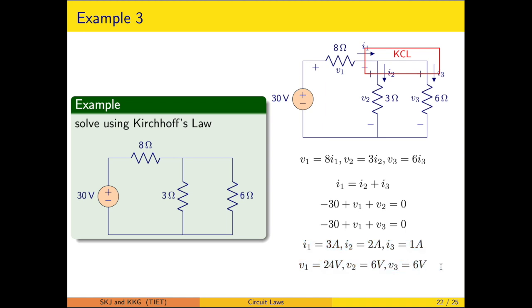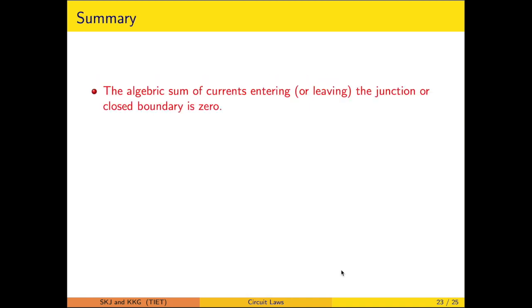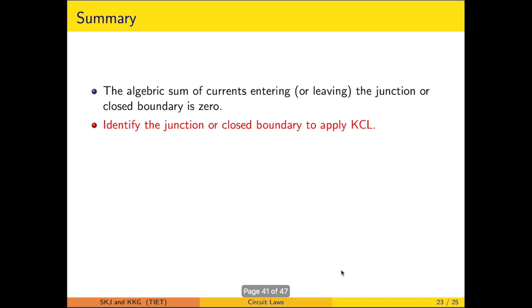These are the steps we have to go through in solving a circuit using the KCL and the KVL. The KCL is an application of conservation of charge. It suggests that the algebraic sum of currents entering or leaving a junction or closed boundary is 0. However, to apply it, we have to identify the junction or closed boundary judiciously.